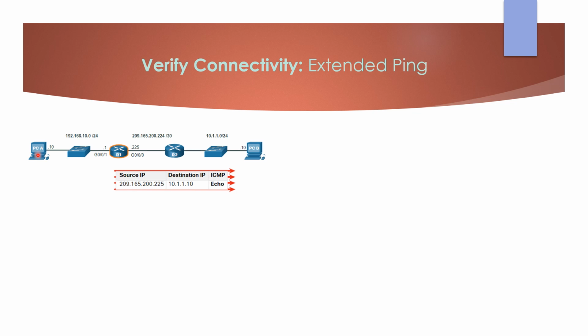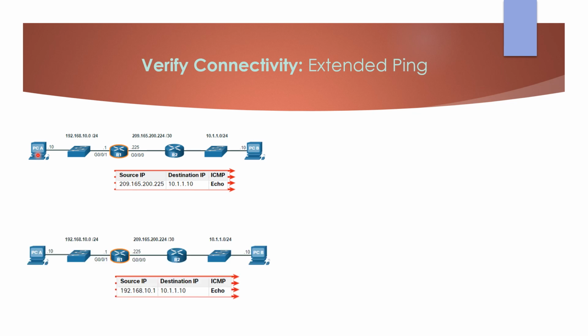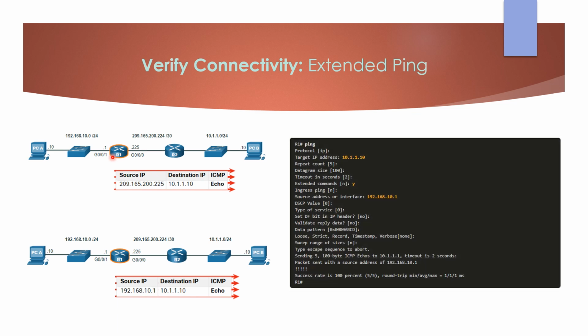However, an extended ping could be configured on router 1 to specify a different source address. As illustrated in this example, the source IP address of the extended ping command on router 1 could be configured to use this G0/0/1 interface IP address. Here is the output when you configure an extended ping on router 1 and specify the source IP address to be that of this interface.